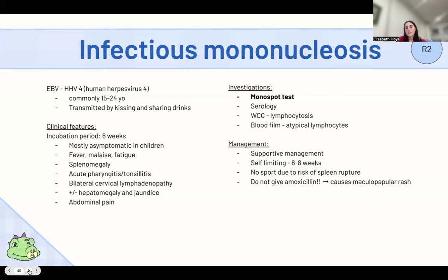But because of that splenomegaly, you have to advise them not to do any sport just because of the risk of rupturing their spleen. And an important note for management is do not give amoxicillin because this can be confused with a bacterial infection. But if you give amoxicillin to someone with EBV, it causes a maculopapular rash.